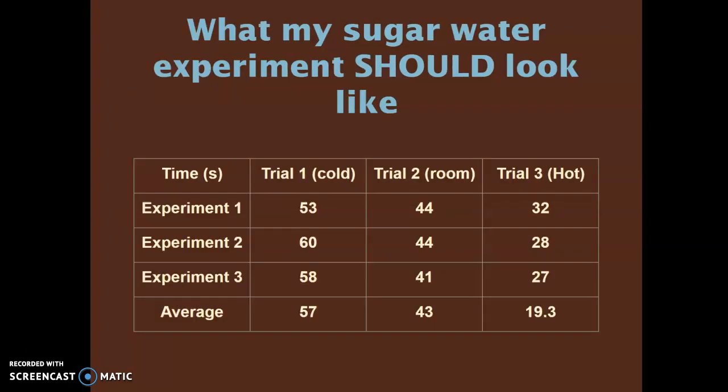And so once I add my average row here at the bottom, you can see that I just added these 3 numbers together and divided by 3, and now I have a single data point. So the average time that it took for sugar to dissolve in the cold water was 57 seconds.